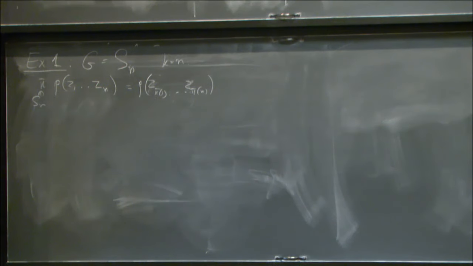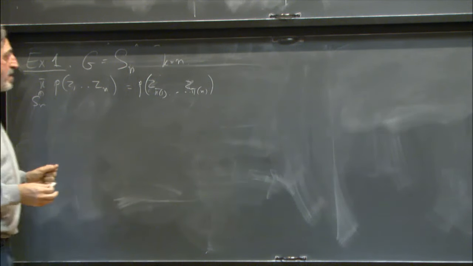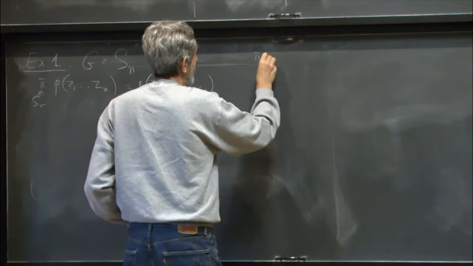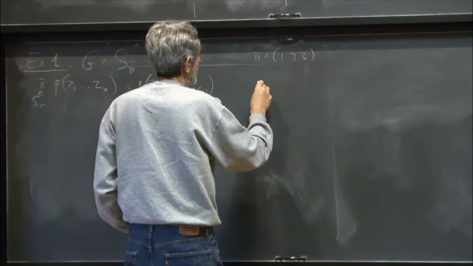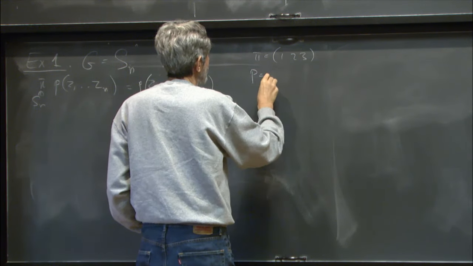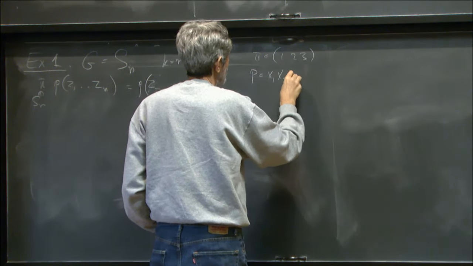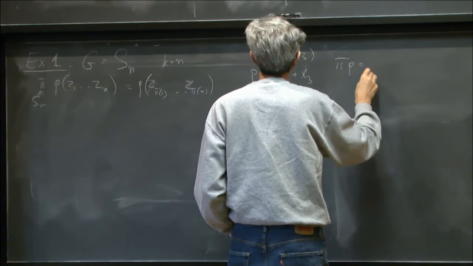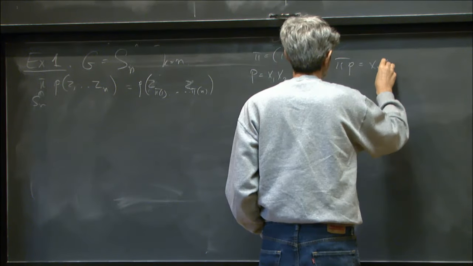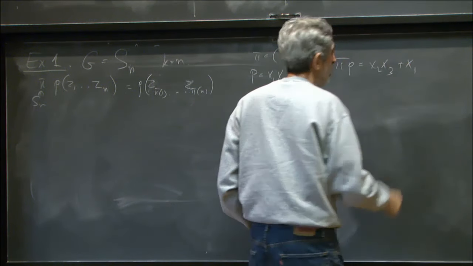So the group action is clear, right? The way a permutation acts on polynomials in n variables is clear. Just permute the variables. If pi is the cycle 1, 2, 3, and P is x1, x2 plus x3, then pi P is x2, x3 plus x1.